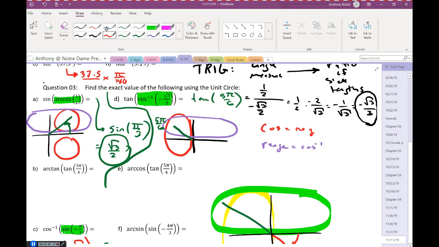Okay. So then I took the tangent of 5 pi over 6. Tangent is y over x. So the y-coordinate at 5 pi over 6 is 1/2. And the x-coordinate is negative square root 3 over 2. To divide fractions, I multiplied by the reciprocal.